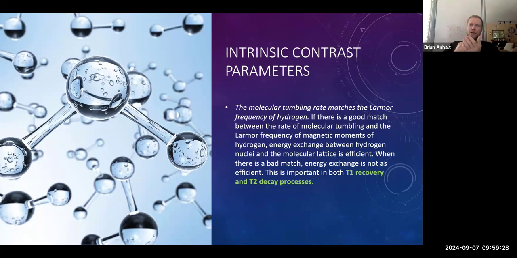When there's a bad match, the energy exchange is not as efficient, right? We can think about that. We can't add energy to something if we have it at a different frequency than the natural frequency of the system. So this is important for both T1 recovery and T2 decay, right? If something has a molecular tumbling rate that matches the Larmor frequency, then T1 recovery is going to happen quicker because we're going to be able to transfer that energy back to the molecular lattice quicker and allow for recovery.